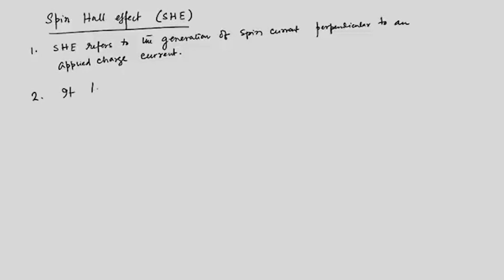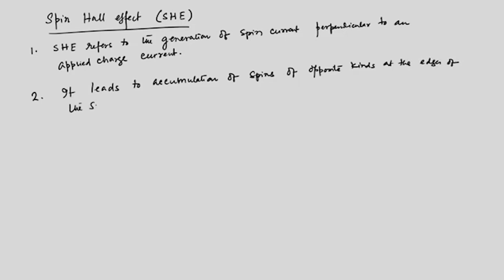So, it leads to accumulation of spins of opposite kinds, that is, up and down spins at the edges of the sample, just like opposite charges accumulate at the edges of the sample. As I said, there is no requirement of a magnetic field.